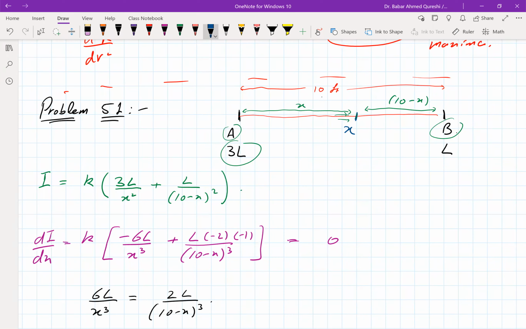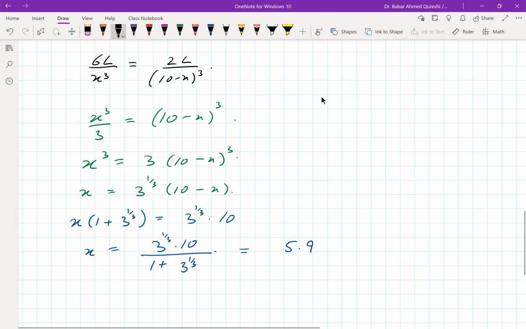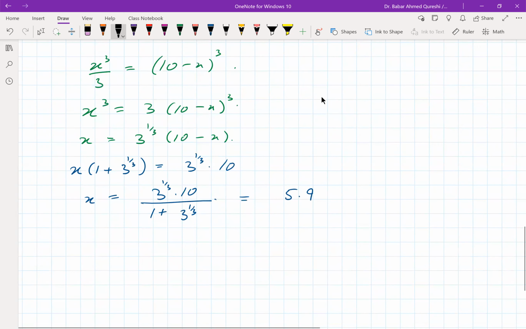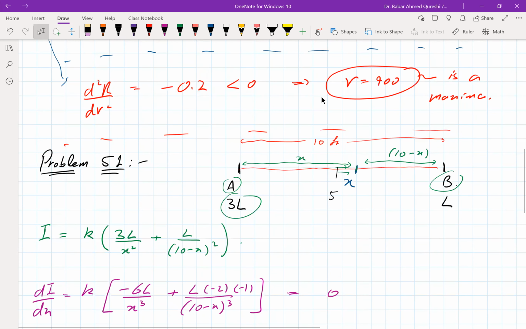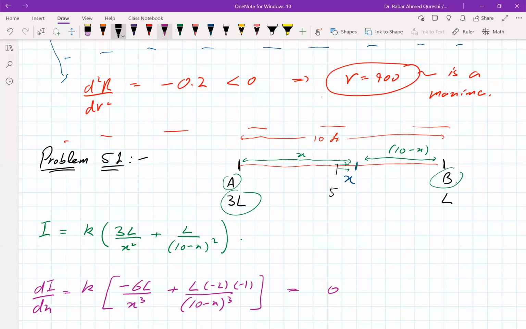Why? I can do more work, but I can just use logic. I have a 5, the middle point is here. I arbitrarily call this x and this 10 minus x. The x which I have gotten from here, I arbitrarily put 3L here. I could have put the 3L over here and called this x. Then this would not be a minima.